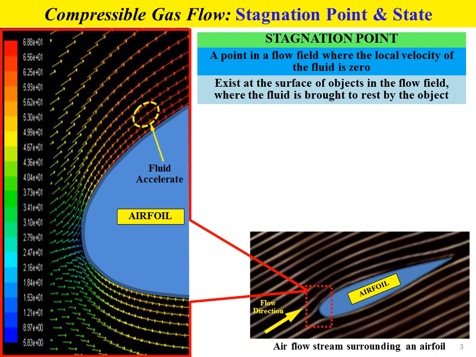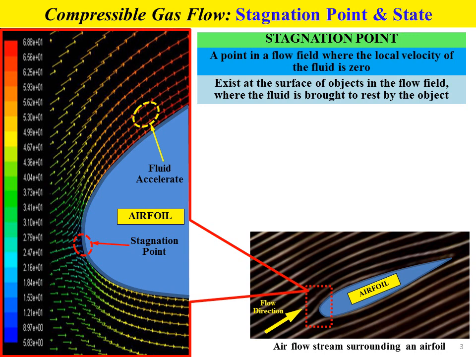The red arrows show the acceleration of the fluid. Referring to the definition of the stagnation point, where the fluid velocity is equal to 0, we can predict that the point will be located in the region where a lot of blue arrows are located. This is the possible area where the stagnation point is located.